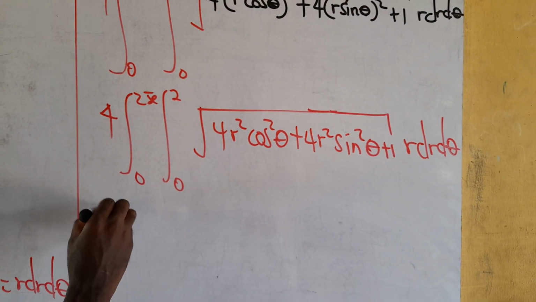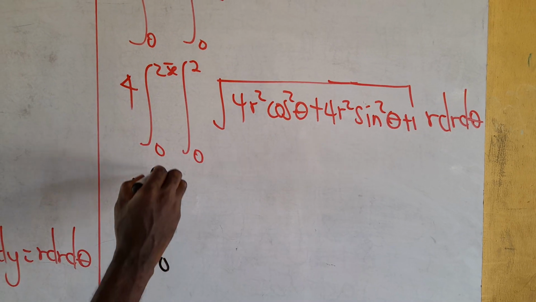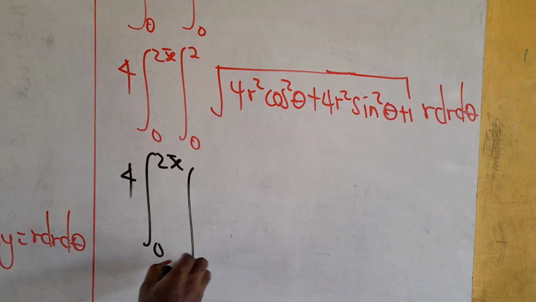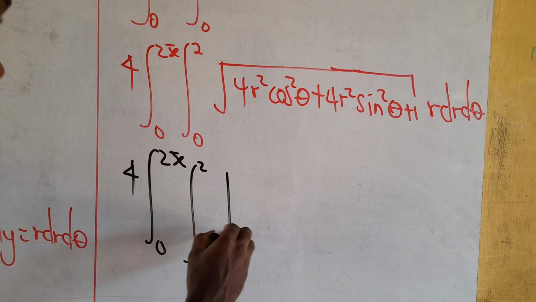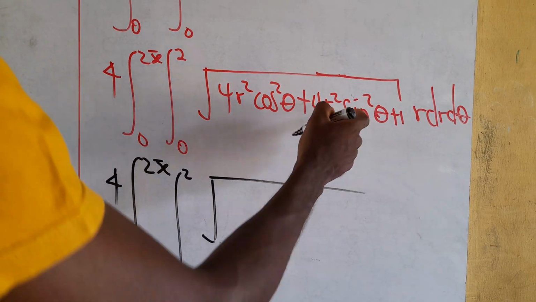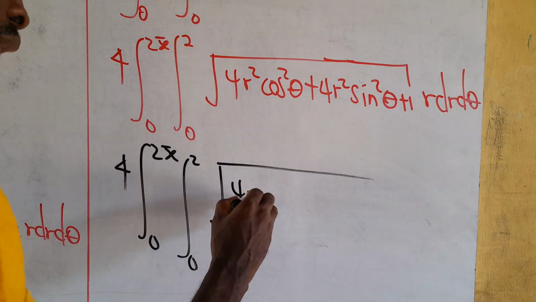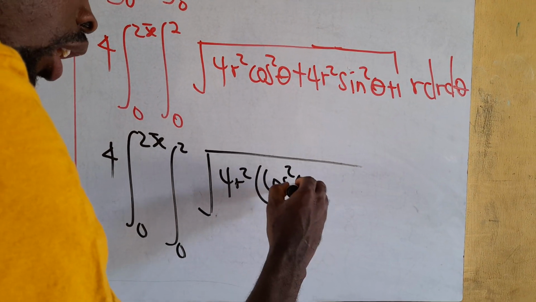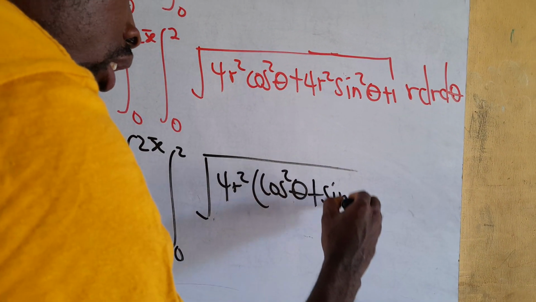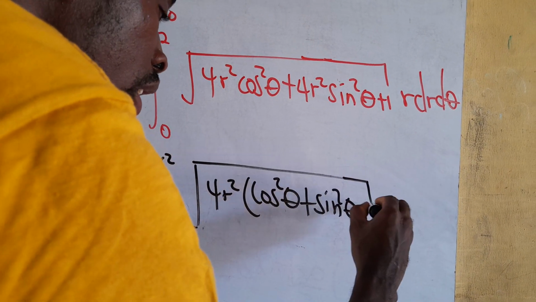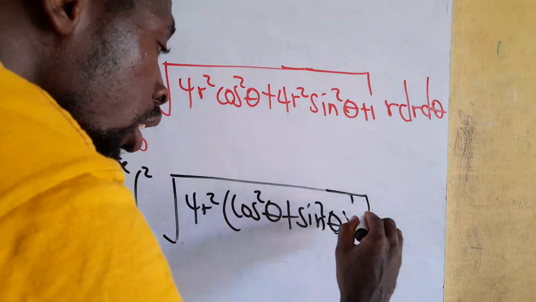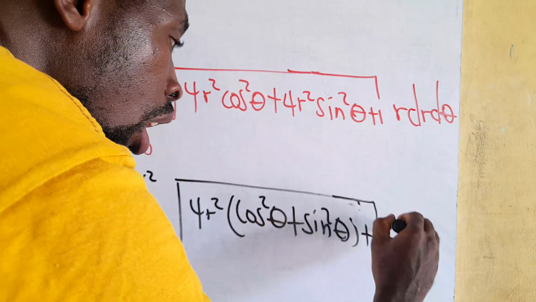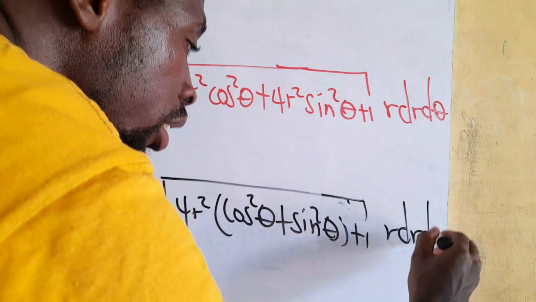We polish further. We have 4 times the integral from 0 to 2 pi, the integral from 0 to 2 of the square root of, now 4r squared is common, we can bring it out. 4r squared will be left with cos squared theta plus sin squared theta, then plus 1, times r dr d theta.